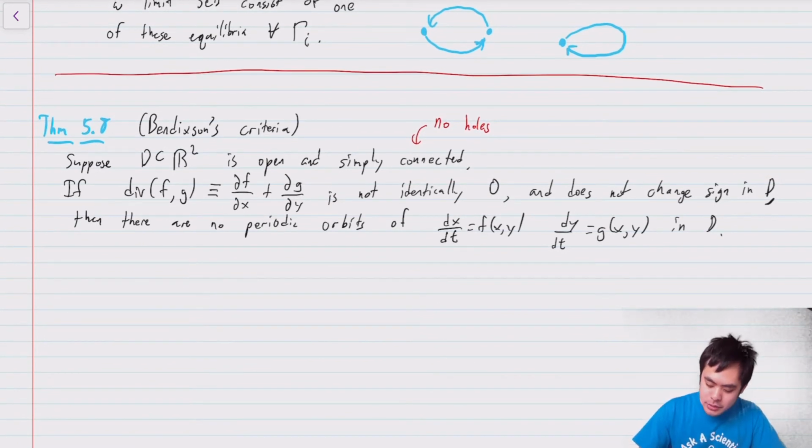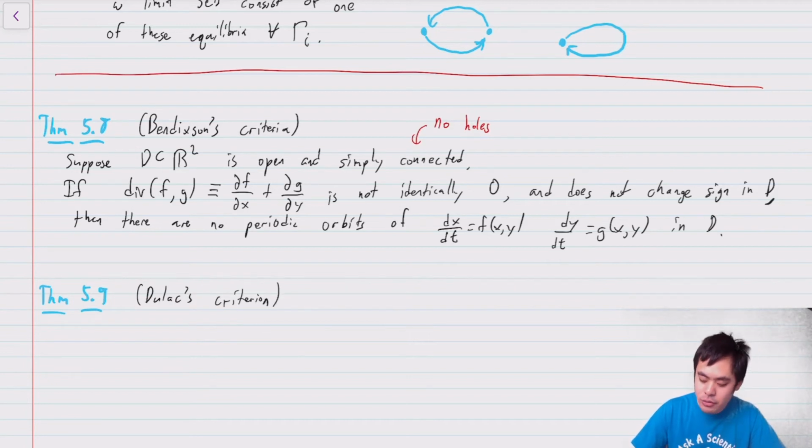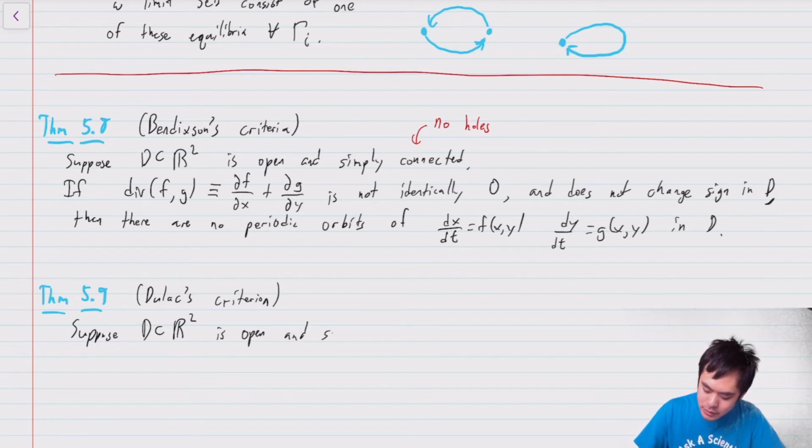There's a sometimes useful generalization of this, Theorem 5.9, which is Dulac's criterion. Sometimes this is more powerful, though sometimes it's a little bit harder to use. Let me rewrite the setup because there are some slight differences. Suppose again we have D contained in a region in R squared, which is open and simply connected.